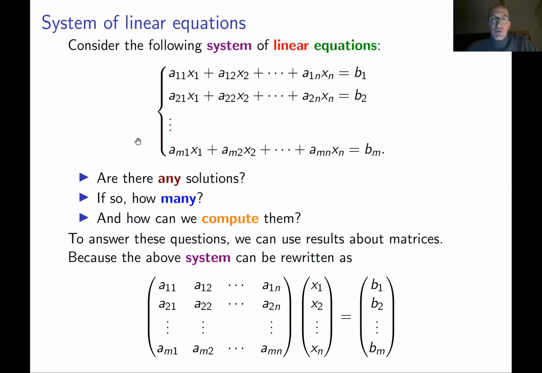Note that the system above can be rewritten in a matrix form like this. We already did this several times, and this is the most important link between matrices and systems of linear equations. By the way, a small remark: systems of linear equations appear everywhere.